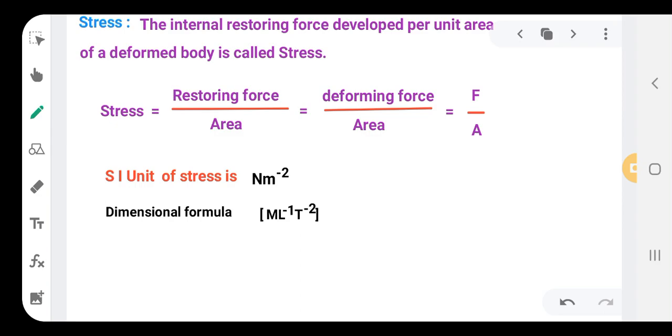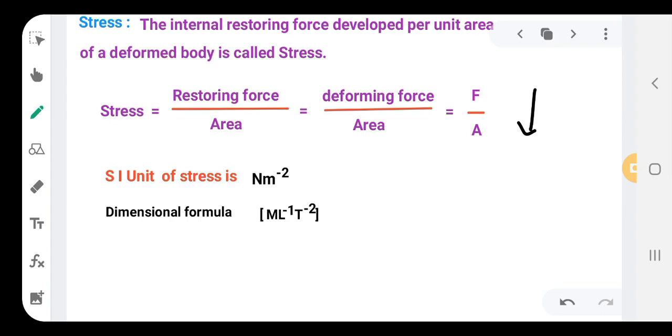Okay, so it is given by restoring force by area, equal to deforming force by area, that is F by A. Whatever force is applied on a body, it may be a weight, a load or a stretching, however you are putting the stress on the body, stress is given by force upon area.